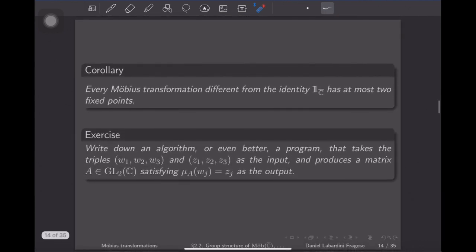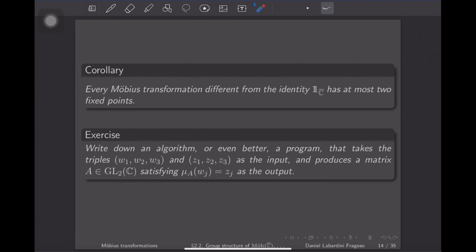Some very useful corollary is that if a Möbius transformation fixes 3 points, it has to be the identity. Because if you give me 3 different points, there is exactly one Möbius transformation sending the first one to the first one, the second one to the second one, the third one to the third one.